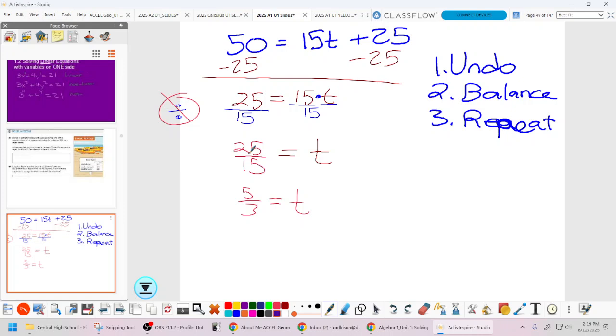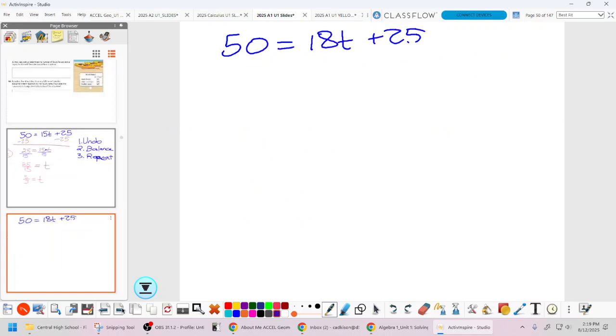Everything is driven to getting that thing by itself. I know this is a very basic problem, but familiar numbers and a familiar look help us talk through the process we're going to use on harder stuff. Definitely this is going to have more numbers in it and different things.